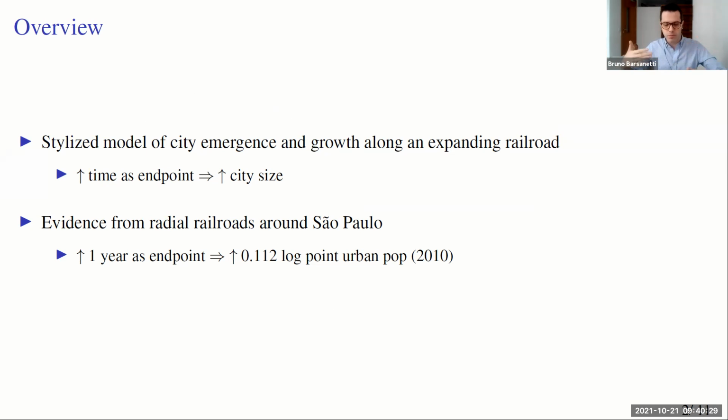And I'll exploit some asymmetric predictions of the model, some historical evidence and an IV approach to argue that this association is really capturing a causal effect that the model is predicting.